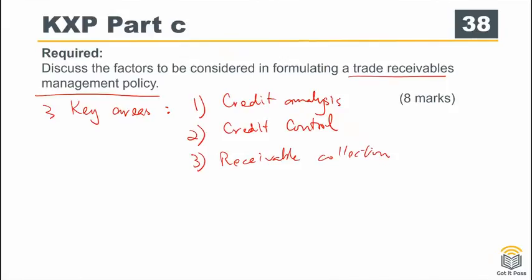These three key areas formulate trade receivables management policy. Three key areas that we have to look at: credit analysis, credit control, and receivables collection.